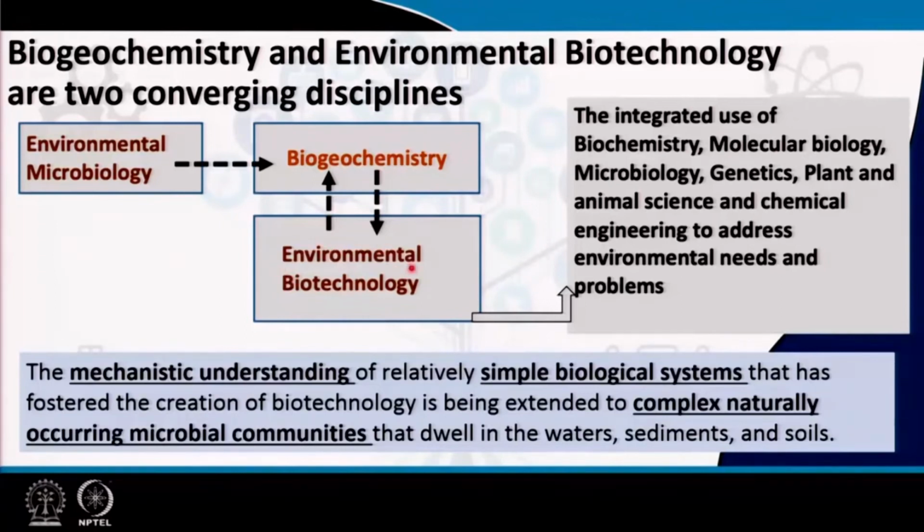As we know, within environmental biotechnology, we use an integrated system where the biogeochemistry or biochemistry of the organisms and processes, molecular biology, microbiology, genetics, plant and animal sciences, everything is included, including chemical engineering principles, to address environmental needs and problems. Now, within this area of integrated use, biogeochemistry plays a very significant role.